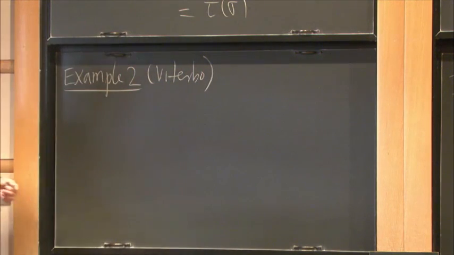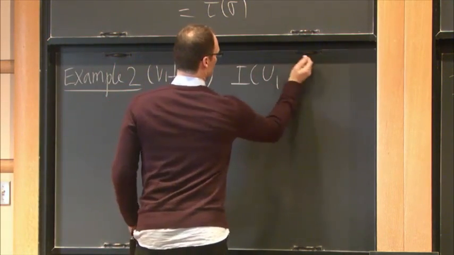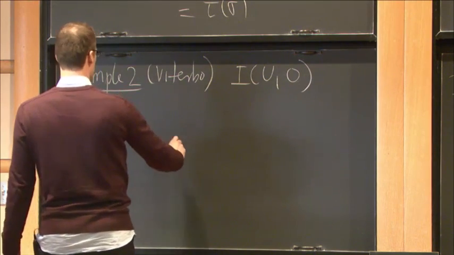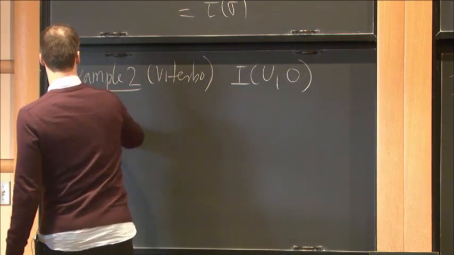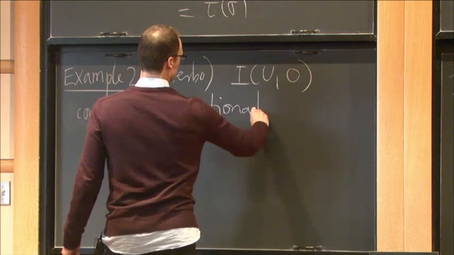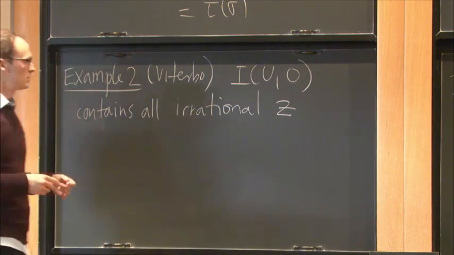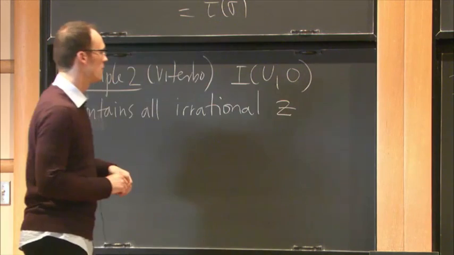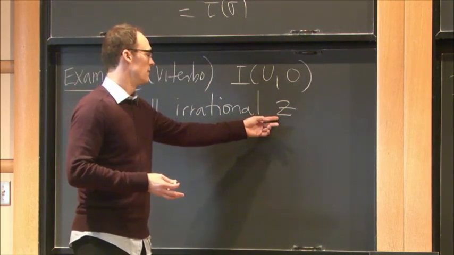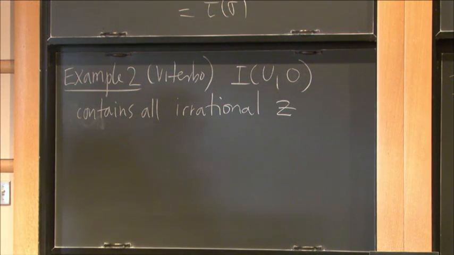Here's an example due to Viterbo, although he didn't use the same language. But if tau is 0, then, and by irrational just means that, actually I'm looking at T^n, so the homology is just R^n, and irrational just means that the components of this vector are rationally independent. If it's irrational, then you can embed.